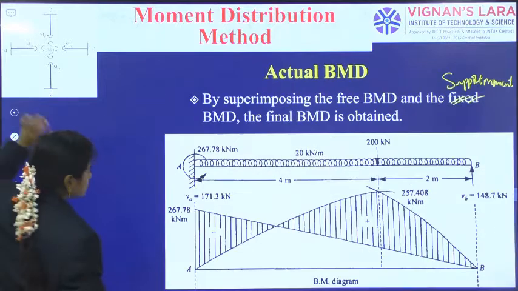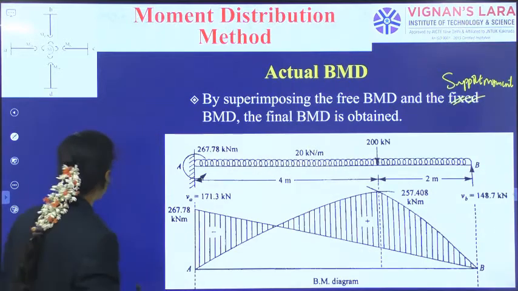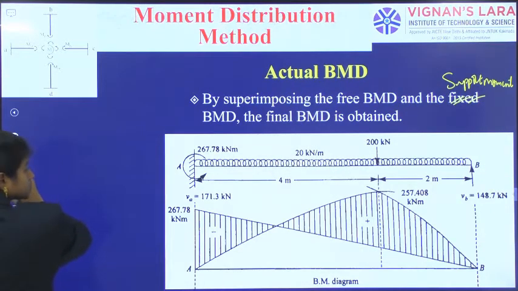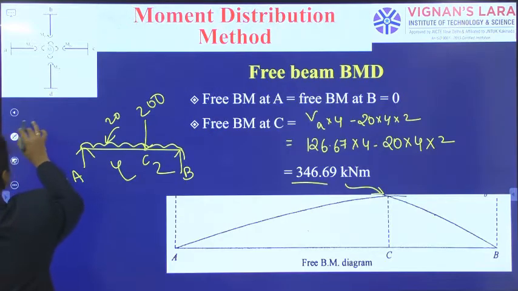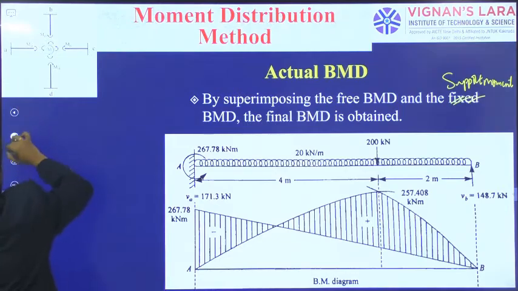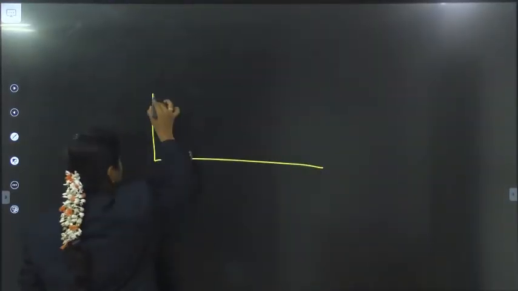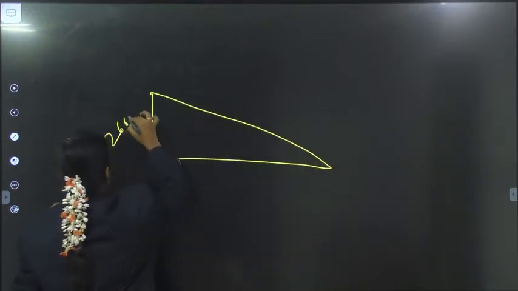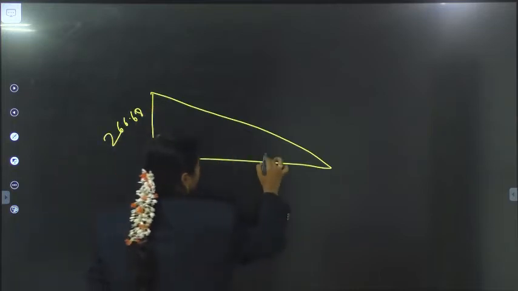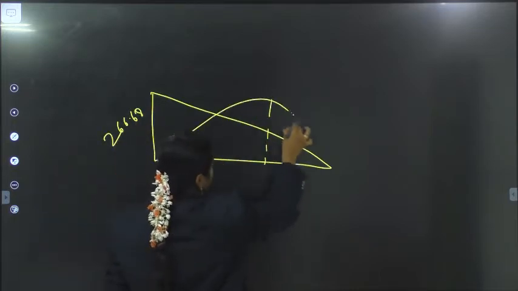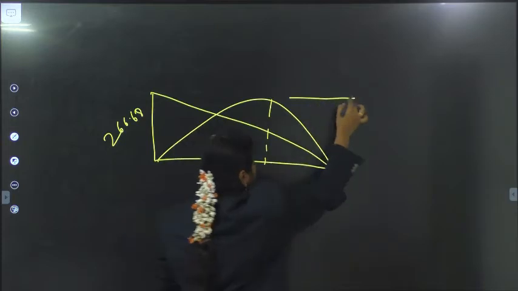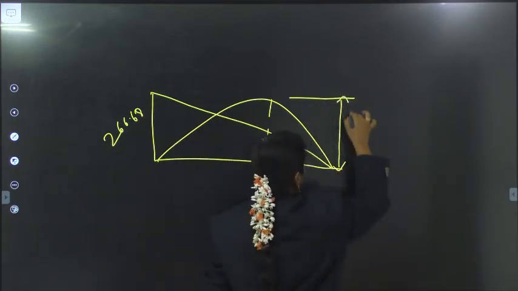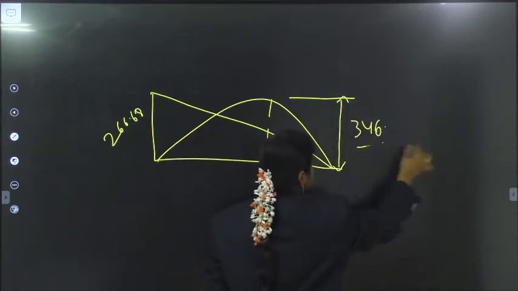Now, how does this condition come? Some 346 something is there, right?